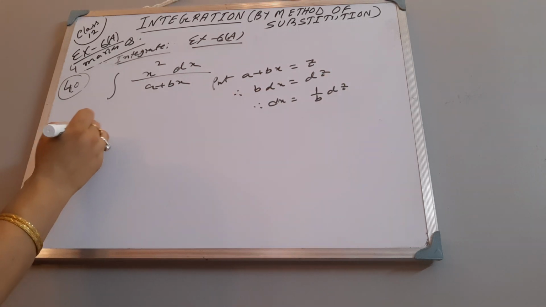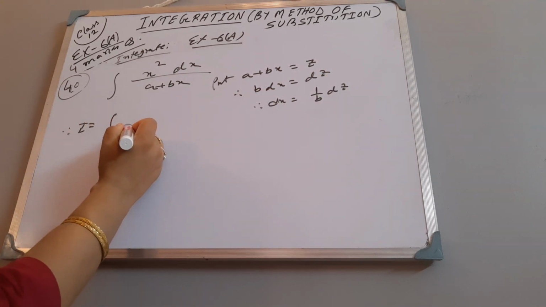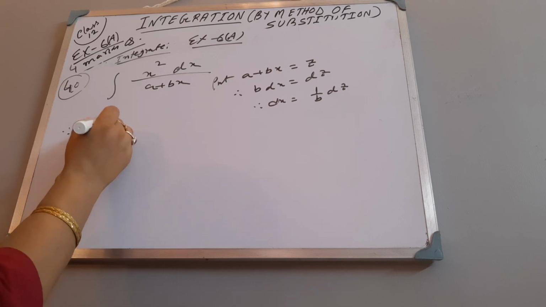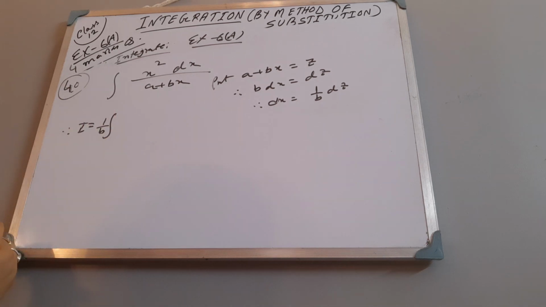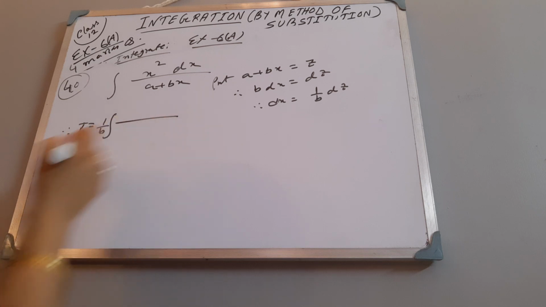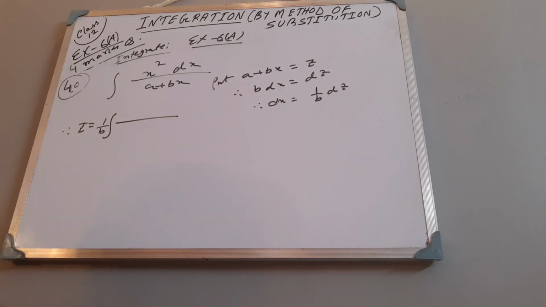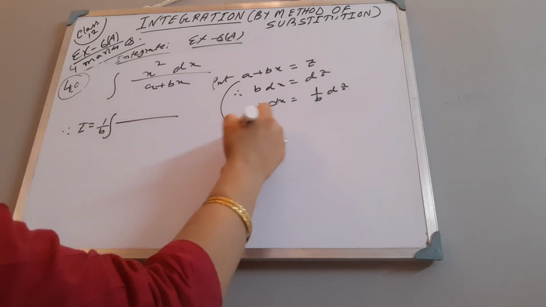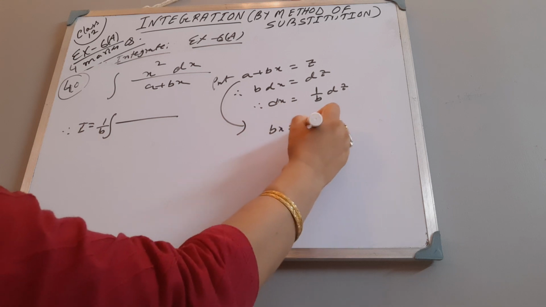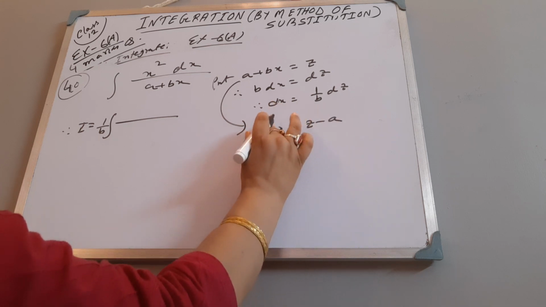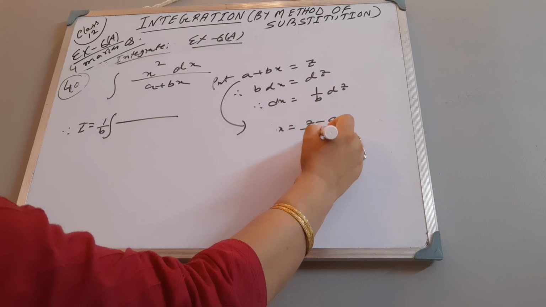Therefore I is equal to, dx is equal to 1 by b dz, so it's better to keep it here. Instead of x square, what will we write? bx is equal to z minus a, so x will be (z minus a) by b.